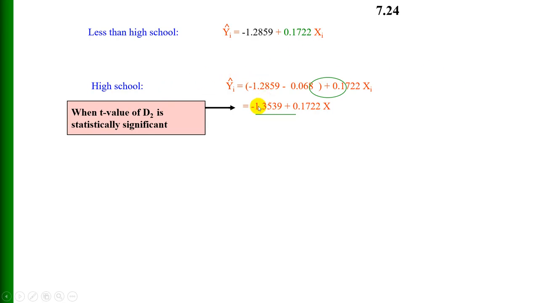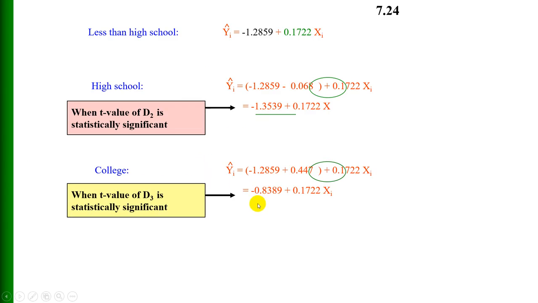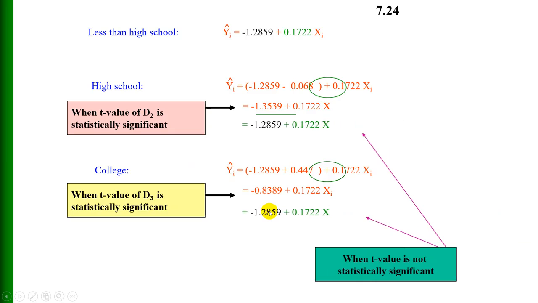For high school, this is the regression, and for college education, this is the regression. If we simplify, we get this, because there is no difference in the coefficients of the dummy variables. So these three regression equations are the same.